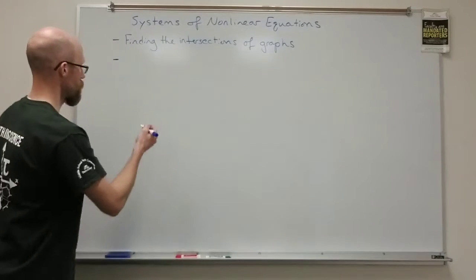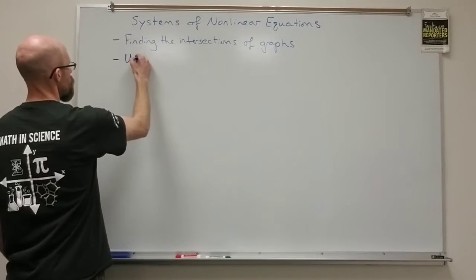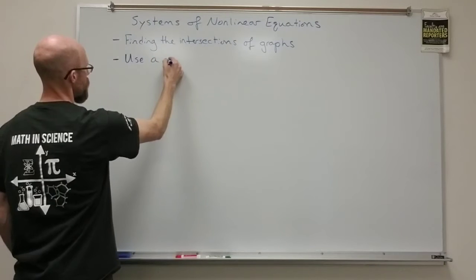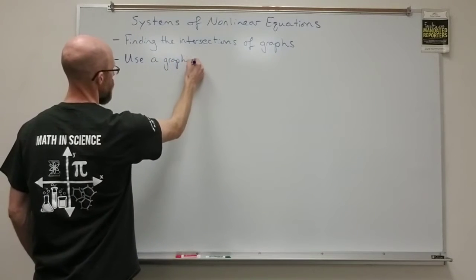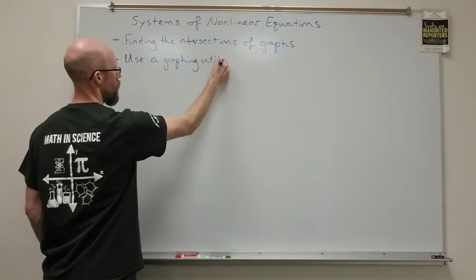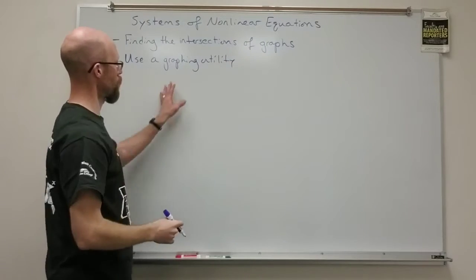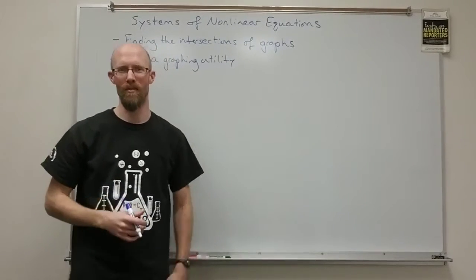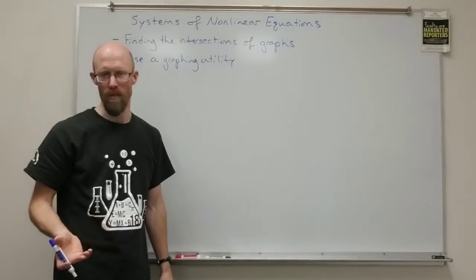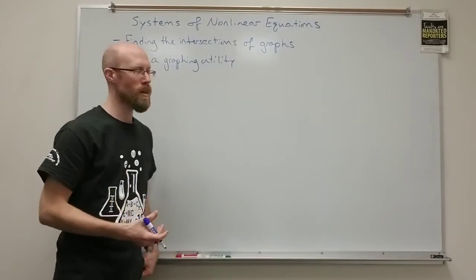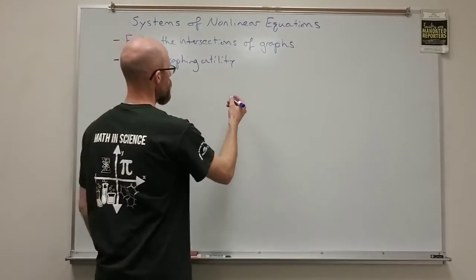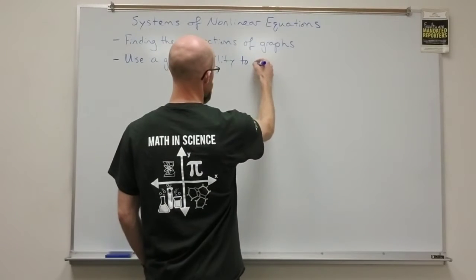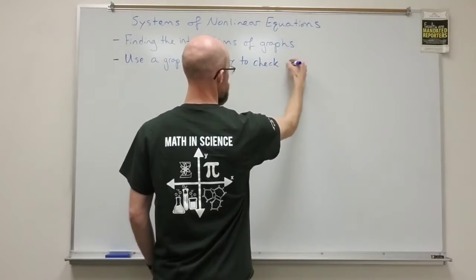Use a graphing utility to check reasonableness of answers or of the solution set. Your book will call it a utility, just for general terms, but it's a graph calculator, computer, or something.